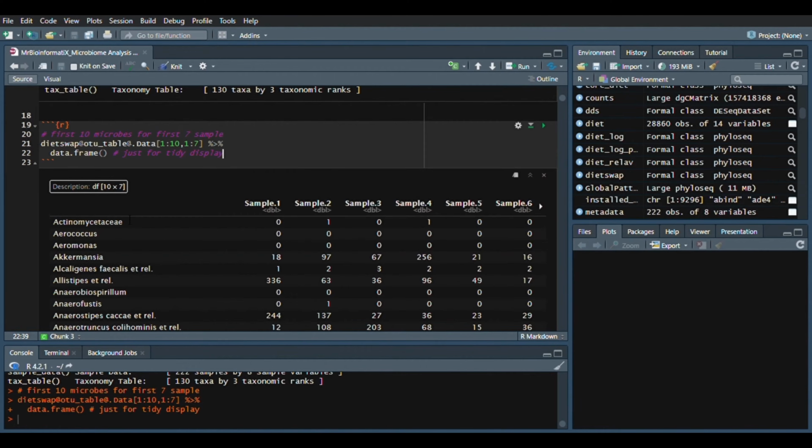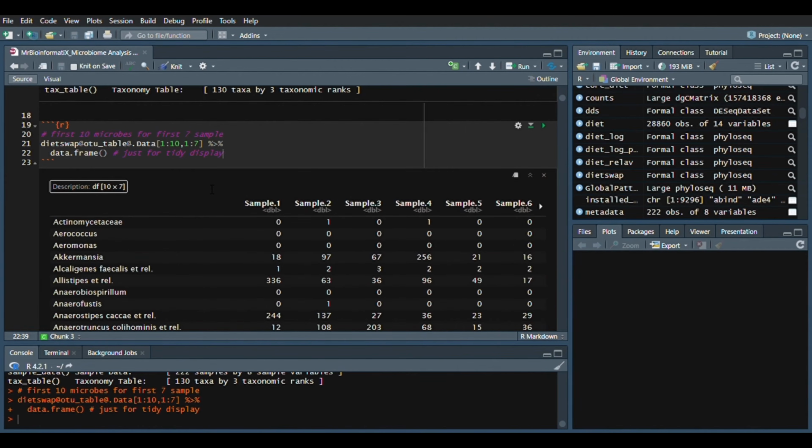The first column here lists the names of various OTUs such as Actinomyces, Aerococcus, Aeromonas, and so on, while the subsequent columns represent the abundance of these OTUs in each of the 7 samples. So we have sample 1, 2, 3, 4, 5, 6, and then 7.